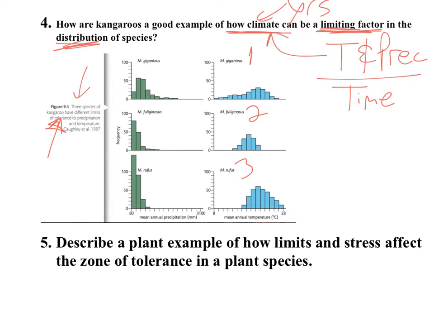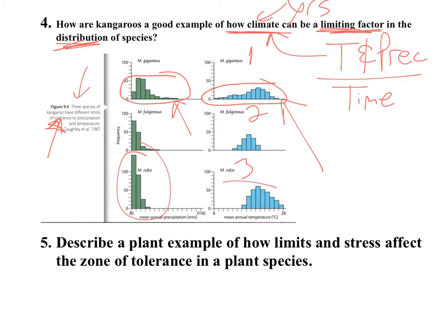So if you look at tolerance, the lowest tolerance is gigantus for both temperature and precipitation. And our highest tolerance is rufus. So if you look at gigantus, that's the big one. It's the huge kangaroo, and rufus, the small.